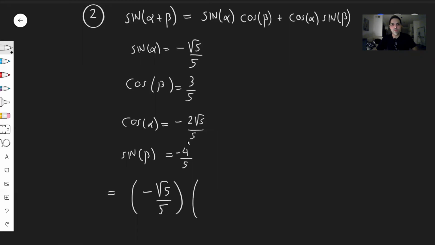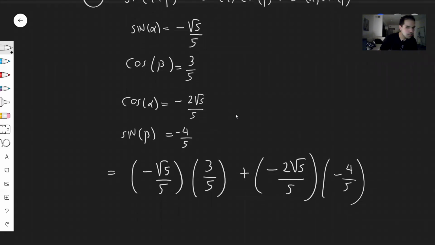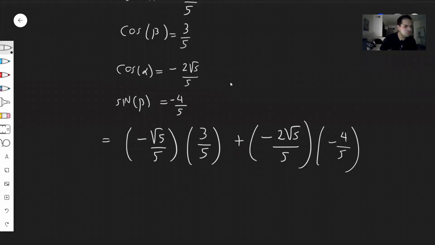times cosine of beta, so 3/5, plus cosine of alpha minus 2 square root of 5 over 5 times minus 4/5. And again, let's simplify this. So this becomes, one second. Yes, okay.